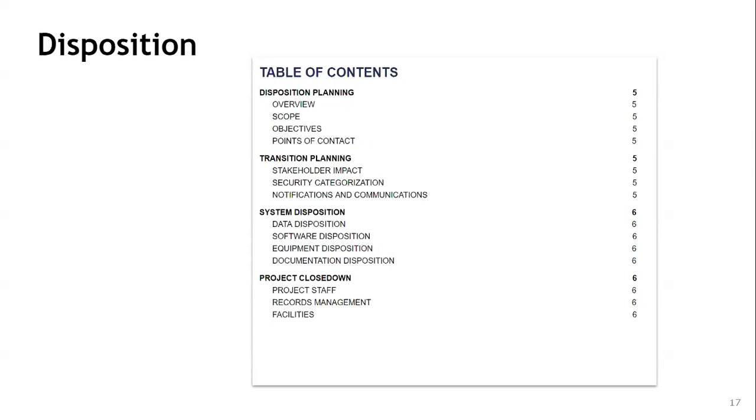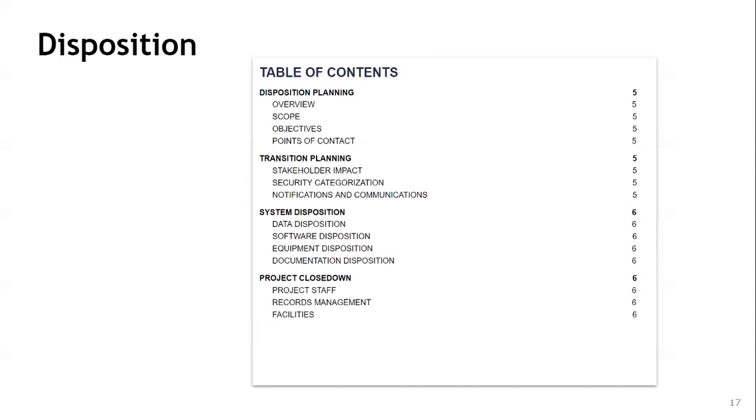So one thing that we need to have is the disposition planning, which includes the overview of the project, the scope of the project, disposition plan and objective, and point of contact. And then the second key component of the disposition is the transition planning.